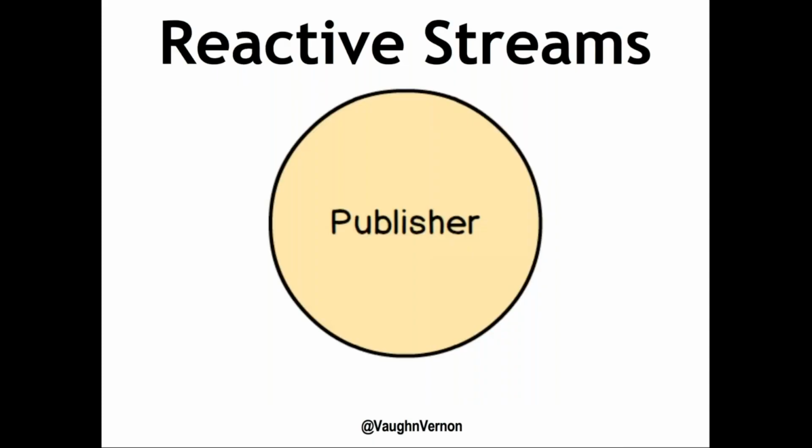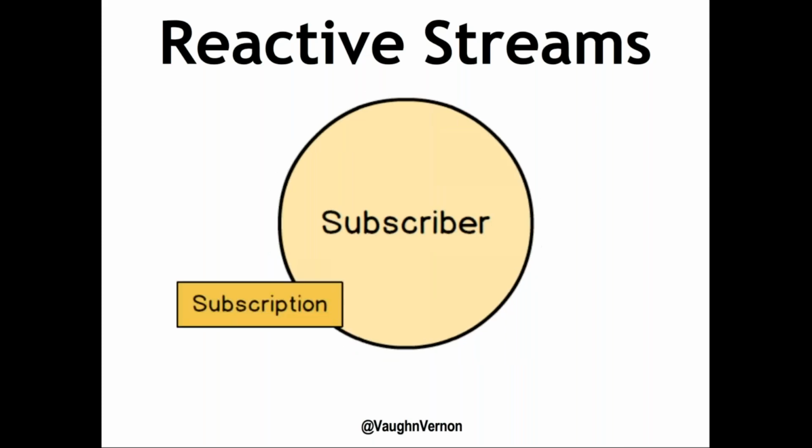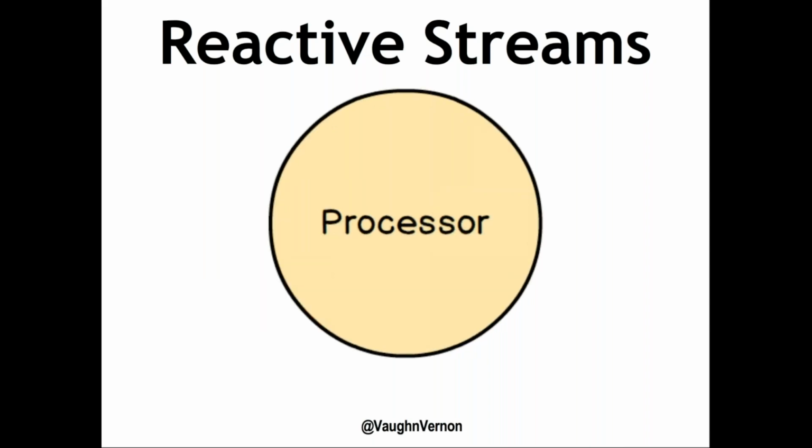So in order to avoid that, the Reactive Streams specification says that there should be a publisher, that there should be a subscriber, and a subscriber will be given a subscription by the publisher. You can also have a combination of both a publisher and a subscriber, where one half of the processor that you see here is a subscriber, so it's listening to upstream data that is streaming toward it.